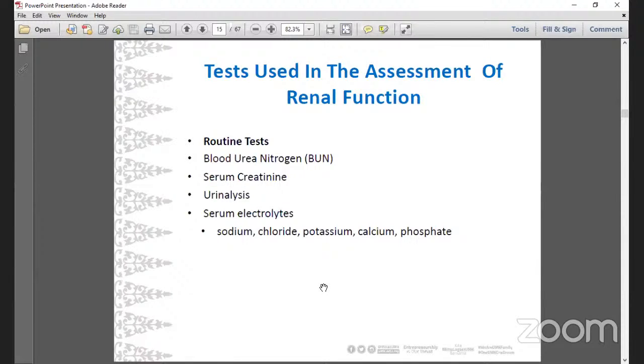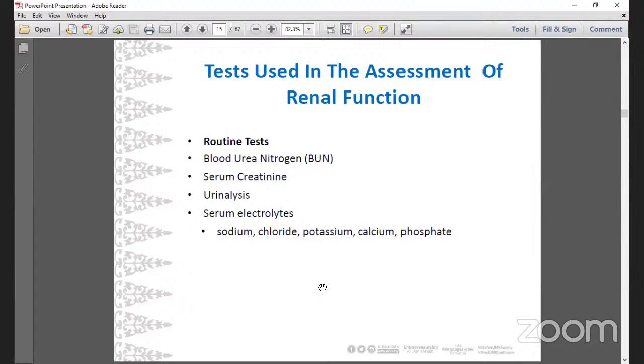Next, I'm going to talk about the tests that are used in the assessment of renal function. These are the routine tests. The first ones are blood urea nitrogen, BUN, serum creatinine, urinalysis, and serum electrolytes, such as sodium, chloride, potassium, and phosphate.